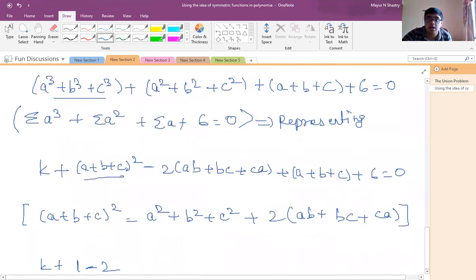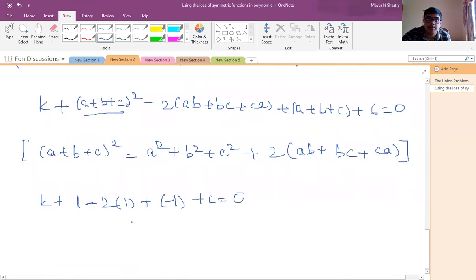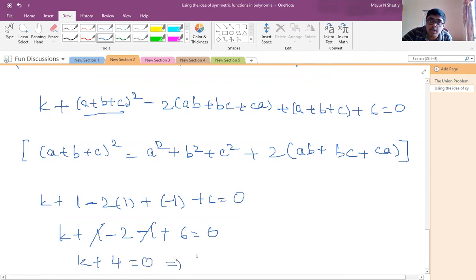So minus 2 times 1 plus A plus B plus C, that is negative 1, plus 6 equals 0, right? So then we have K plus 1 minus 2 minus 1 plus 6 equals 0, and we have a 1 minus 1 getting cancelled. We have K plus 4 equals 0, and we have K equals minus 4.